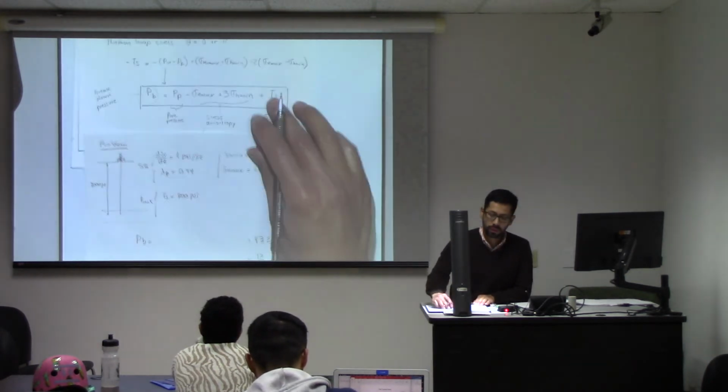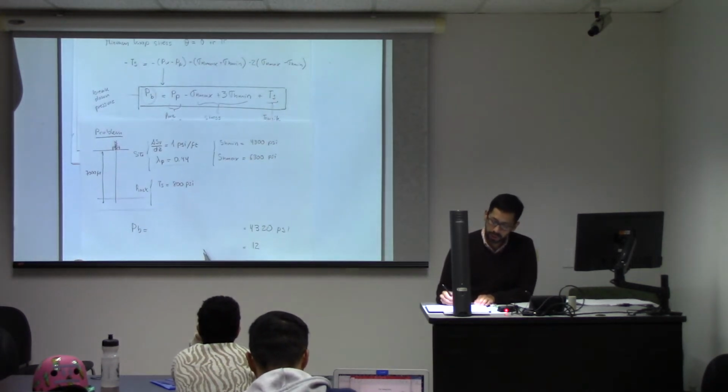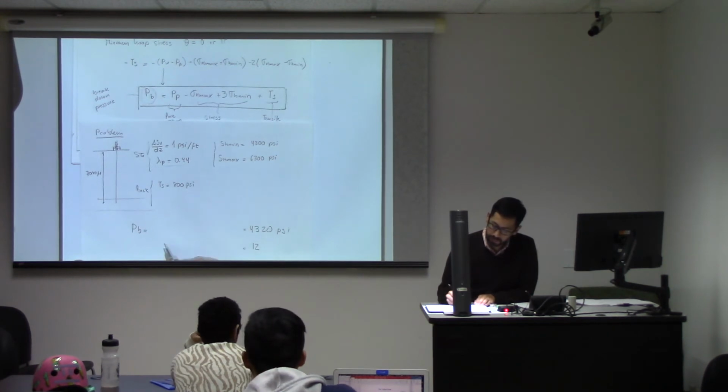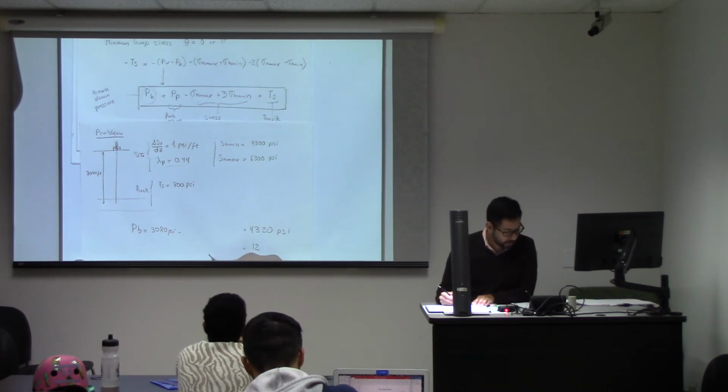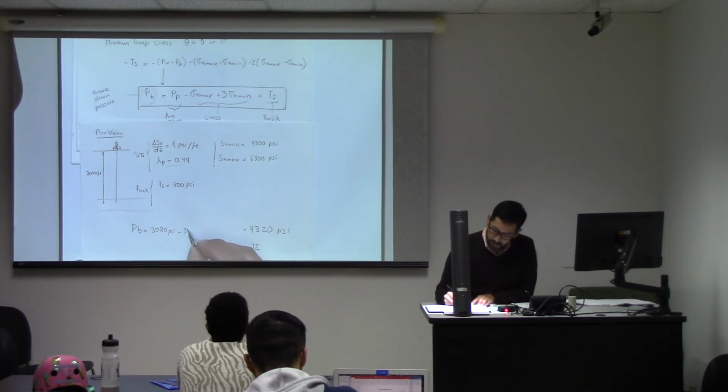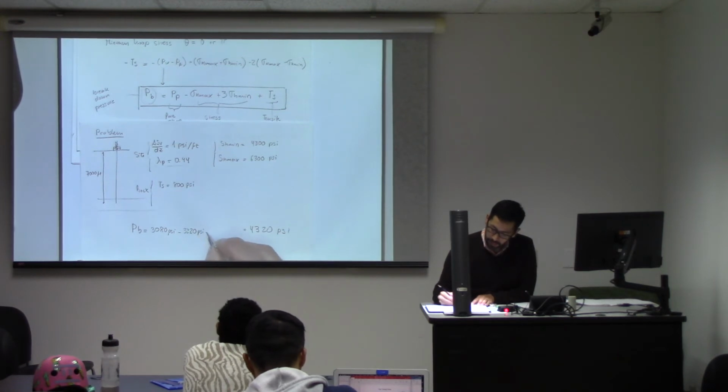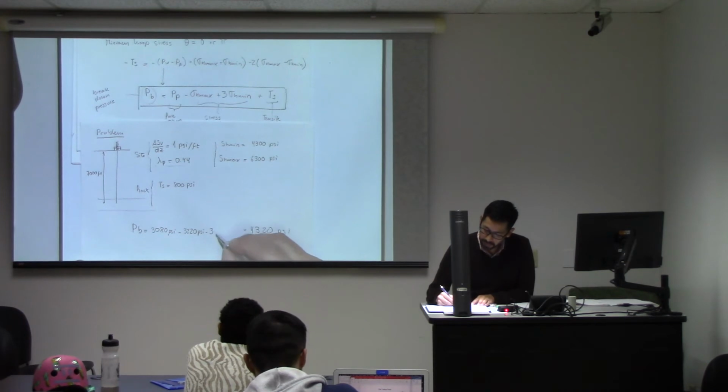So let me write. What is going to be the pore pressure in this place? 3080 PSI. Okay. What about sigma H max? 3220. And sigma H min? 1220 psi.